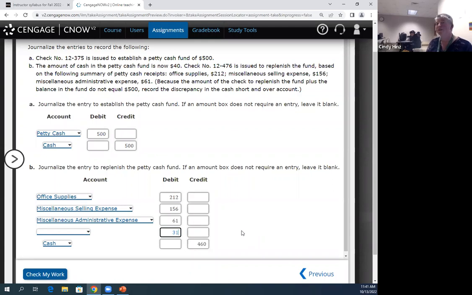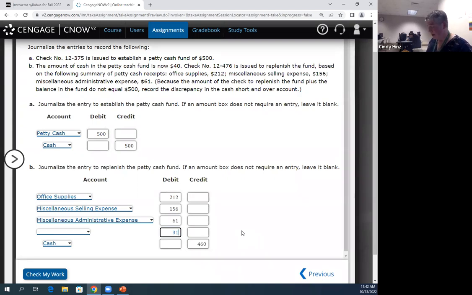But it may be just that the receipt got lost. If it's not a material amount, and the other criterion, if we don't think it's an attempt to defraud the company. If we think someone stole that money, it doesn't matter how much it is, it's a problem. We're concerned about that.